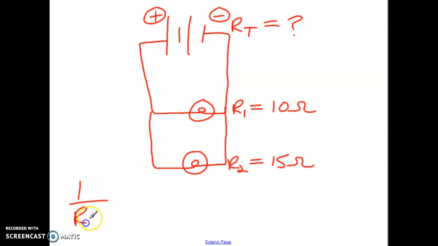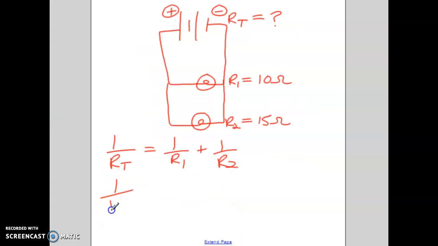So the formula is 1 over RT is equal to 1 over R1 plus 1 over R2, or however many there are. In this case, there's only 2 loads. But if there was 3 loads, we would do another 1 over R3. If it was 4, you do 1 over R4. Now we're going to plug in the numbers: 1 over RT is equal to 1 over 10 ohms plus 1 over 15 ohms.